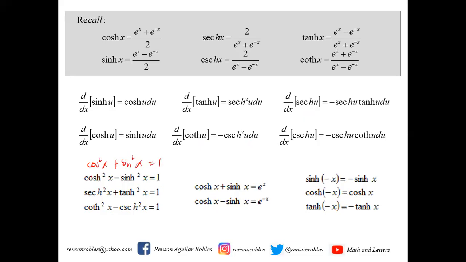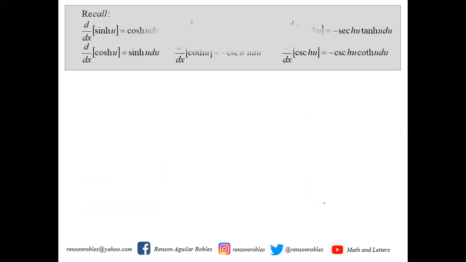However, for hyperbolic functions, it is cosh squared x minus sinh squared x, and that is equal to 1. You can also observe that the odd and even identities for circular functions also hold for hyperbolic functions. Here are some of the integrals.